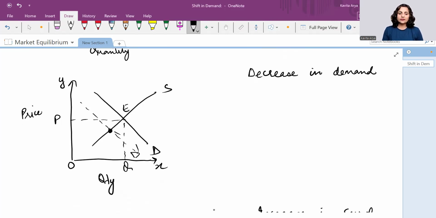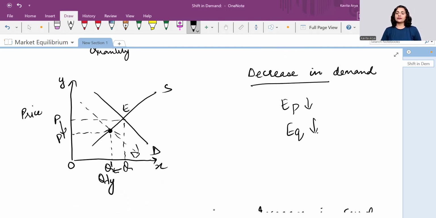The answer to this situation is we would now have a reduced quantity demanded and supplied, and here the price also falls. So equilibrium price falls and equilibrium quantity also falls when there is a decrease in demand.